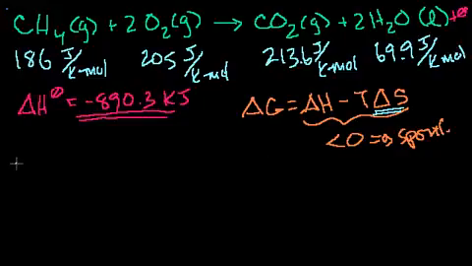Our delta S. And to help figure out the delta S, I, ahead of time, looked up the standard molar entropies for each of these molecules. So for example, the standard, and this is just a notation, there's no delta there.